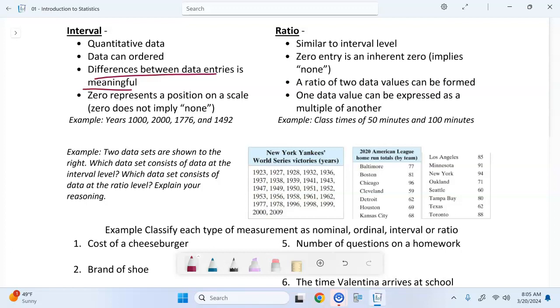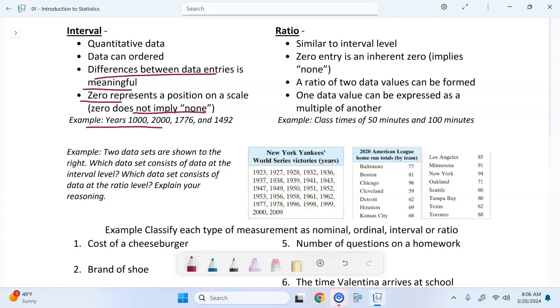But the big thing that differentiates it between interval and ratio is this last one. 0 represents a position on a scale, not none. Ratio is pretty much all that same stuff, but 0 represents none. Okay? So the big key between interval and ratio is looking at 0. Is 0 a position on the scale, like in years?